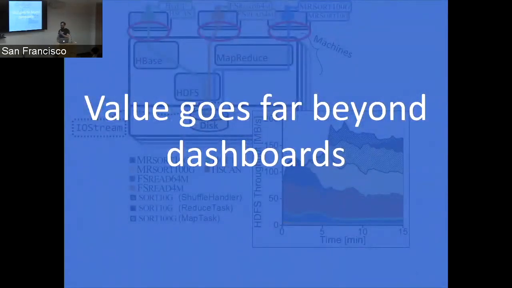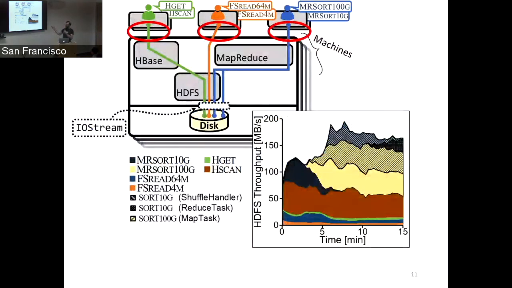This is my comment. In my mind, this is pretty awesome. I do want to say, and I don't think Jonathan did this in his talk, it's cool that you can build this dashboard. What's really, really cool about this is that you can build a real-time control system using this information. And if this is some multi-tenant thing, which it probably is if you're a big organization, you can use this sort of technique to limit the amount of disk reads and writes that these things up at the top of your stack can do.